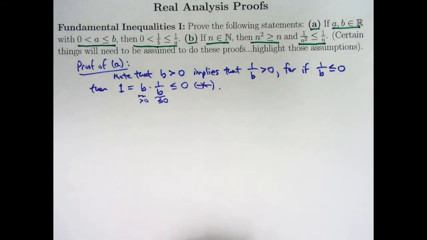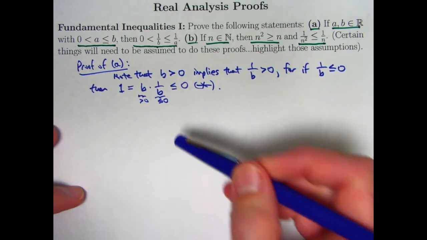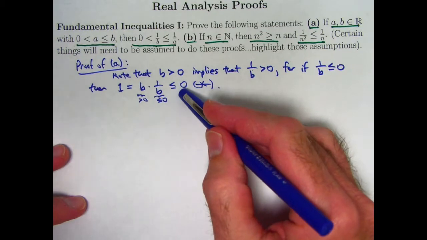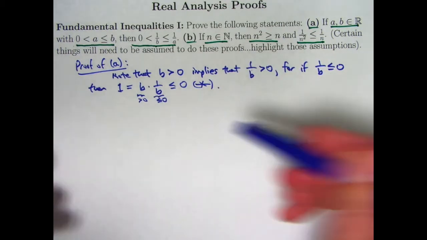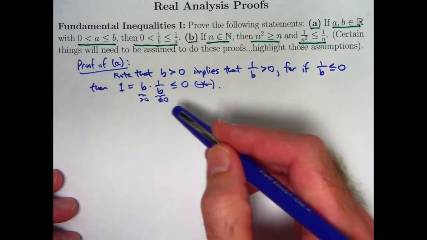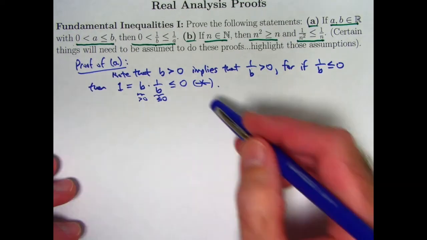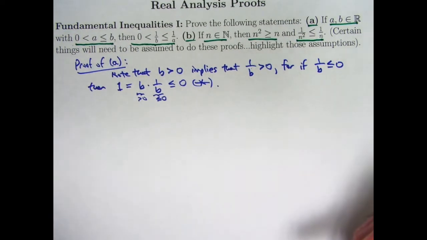Here I am using some things that you maybe would want to prove from more basic axioms. I'm using the fact that 1 is not less than or equal to 0. It is bigger than 0. I'm using the fact that the product of a positive number and a non-positive number is also non-positive.